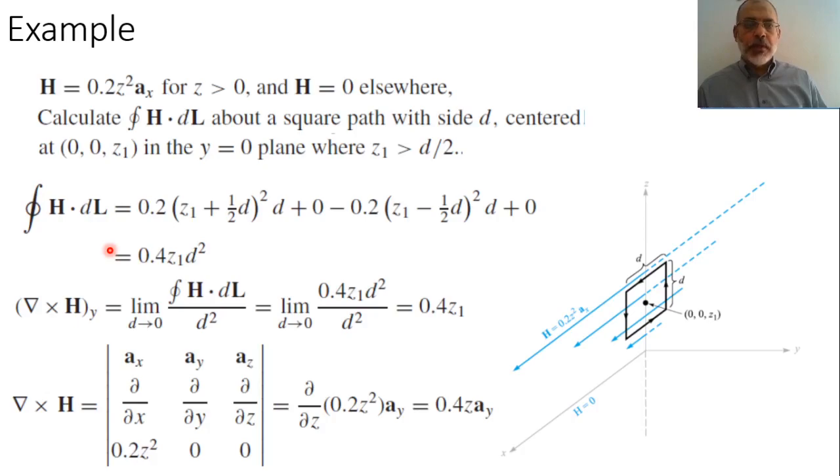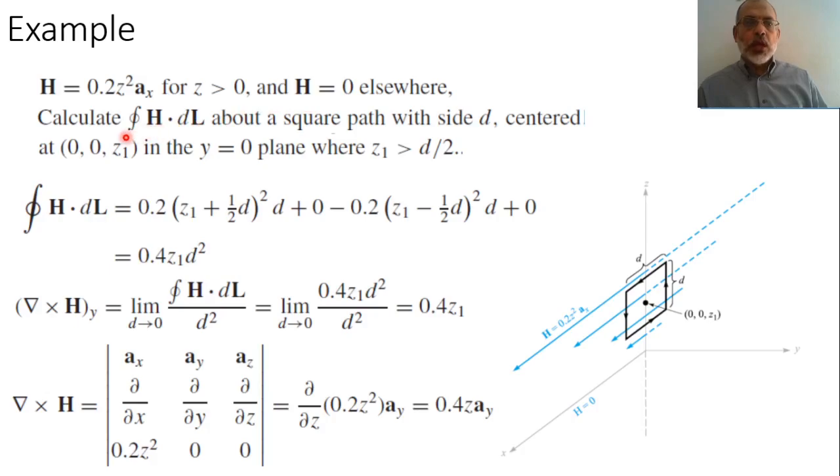Now, as an example, assume that we have a magnetic field H equals 0.2 z squared in the x direction for any point at z greater than 0, and H equals 0 elsewhere. So at z less than 0, H equals 0.